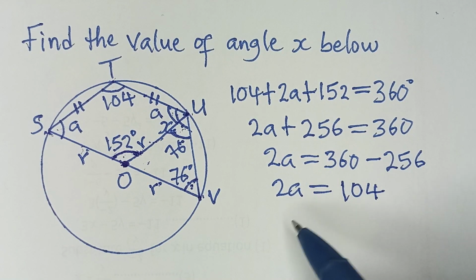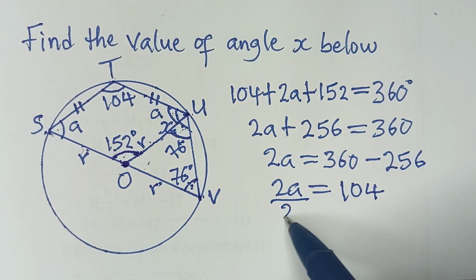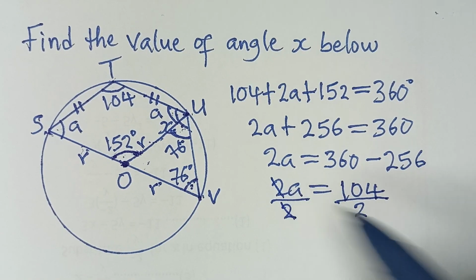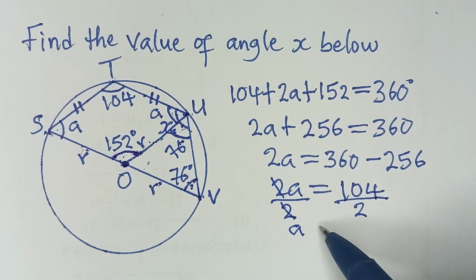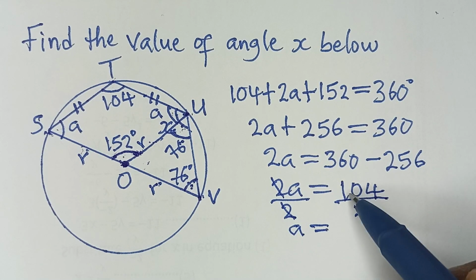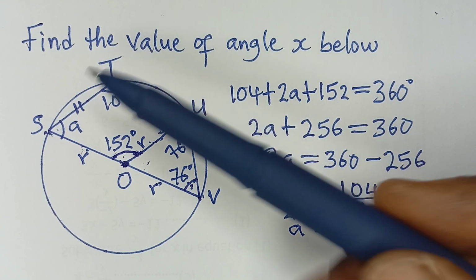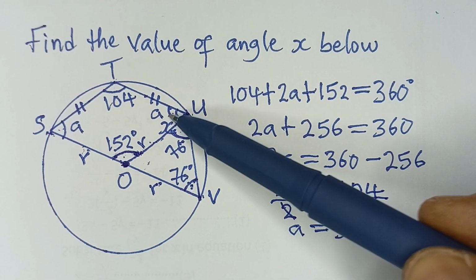So in order to get A, I'm simply going to divide both sides by 2. So 2 cancels 2, and I have A is equal to 104 divided by 2 will give me 52 degrees. So that means each of this angle is 52.